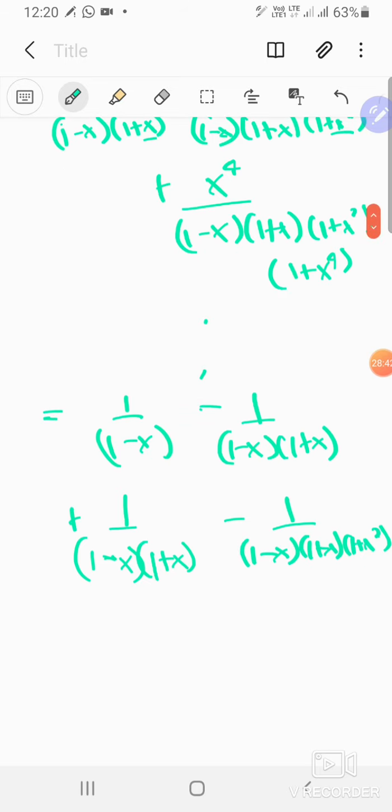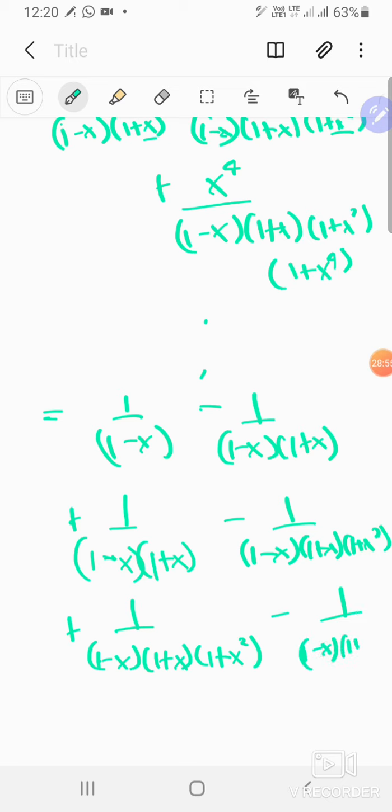Then the next thing can similarly be written as plus 1 upon 1 minus x into 1 plus x into 1 plus x squared, minus 1 upon 1 minus x into 1 plus x into 1 plus x squared into 1 plus x to the fourth, and it will keep going like that, so things will cancel out.